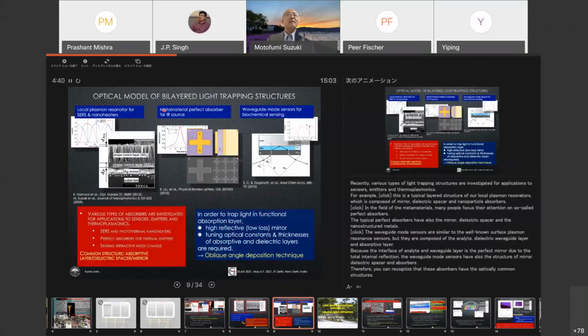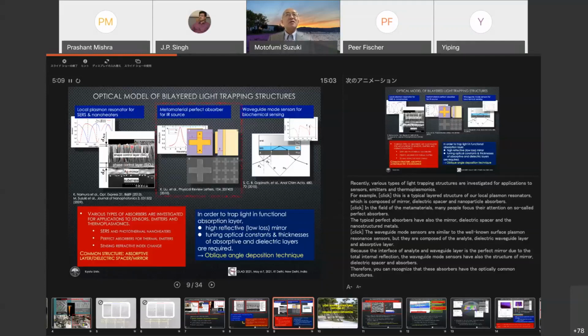Recently, various types of light trapping structures have been investigated for application to sensors, thermal emitters, and thermoplasmonics. For example, this is the typical layered structure of localized plasmon resonators, which is composed of a silver mirror, a dielectric spacer, and nanostructured metal absorbers.